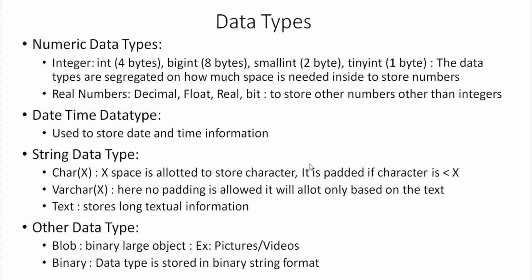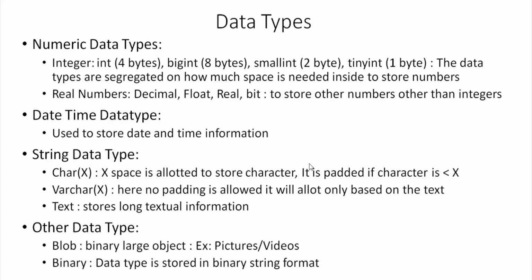And the third one is the string data type. In string data type, we store fixed length or variable length strings. So char(x), varchar, and text are used as string data types. And char(x) means x space is allocated to store a particular character.